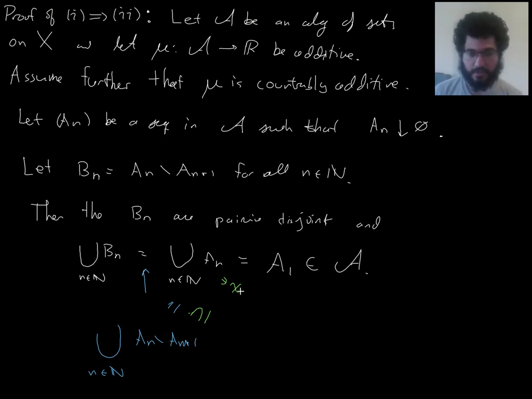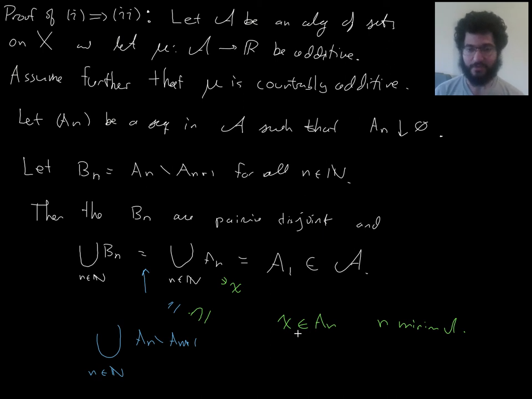Well, focus on, I guess, the smallest index n such that x is in A sub n. So if x is in there, then x is in A sub n for some n, but choose n minimal.